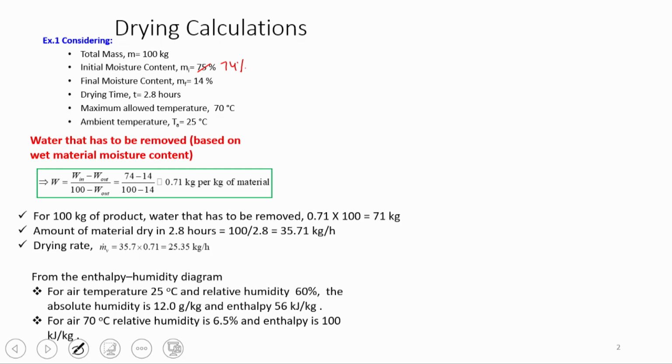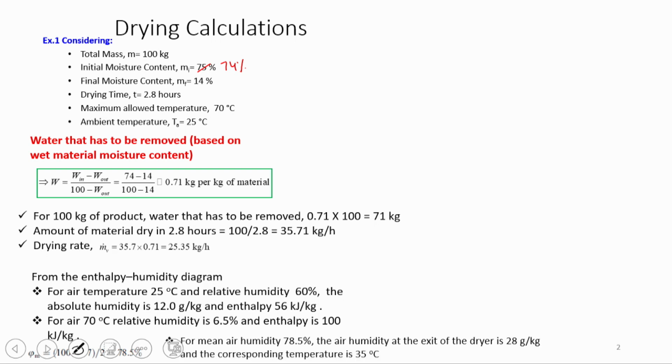And for air at 70 degrees, relative humidity is about 6.5 percent, and enthalpy is about 100 kilojoule per kg. Okay. So, we can get an average humidity of about 78.5 percent, and for this mean air humidity, the air humidity at the exit of the dryer is about 28 gram per kg.